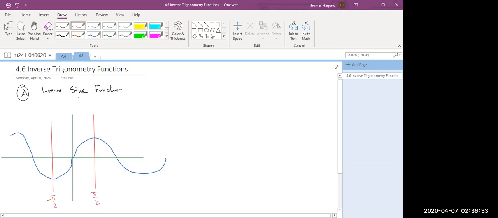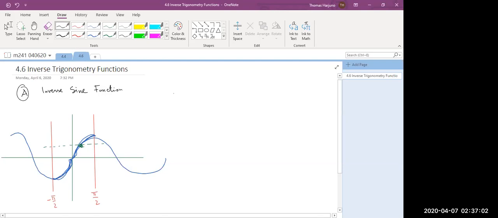Now, notice that in this interval, negative pi over 2 to pi over 2, the function is one-to-one, which means every horizontal line that I draw, if it hits the graph, will hit it at only one point in that interval.